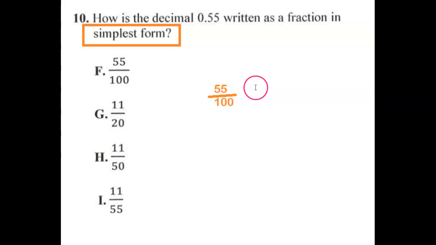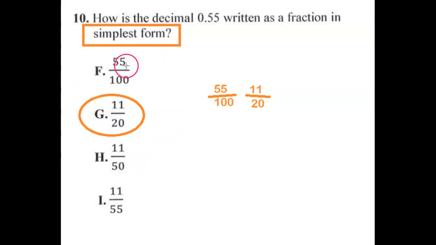So if I divide 55 by 5, I would get 11. And 100 divided by 5 gives me 20. So then I have to think, can I go further? I can't. So this would have to be my answer, 11 over 20, which is G, right?